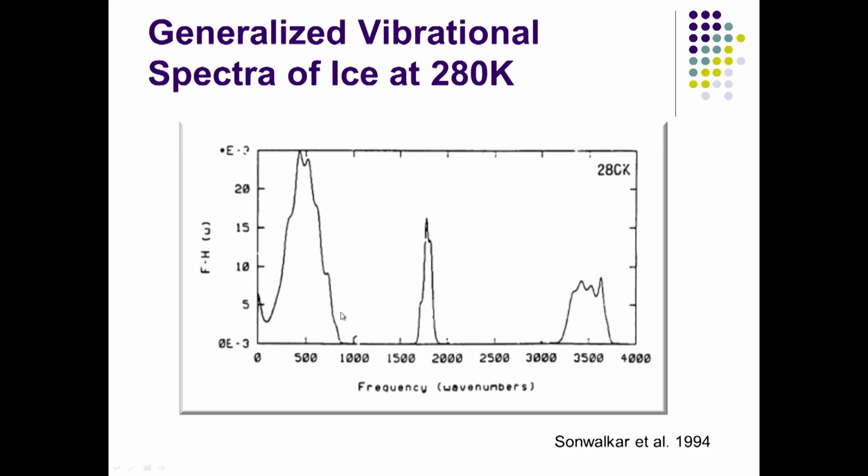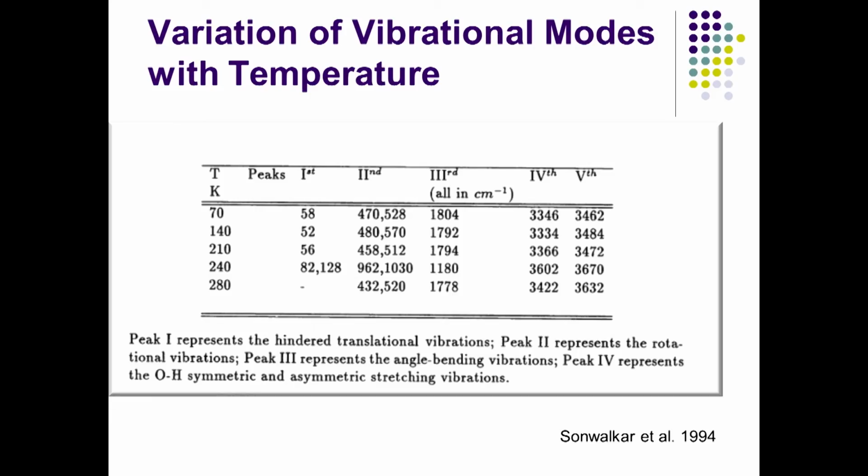You now go further up, and here we are cutting very close to melting. You can see immediately that the lattice vibrations are gone, there is a separation of torsional and bending, and there is a very well defined stretching vibration. Looking at these peaks and their locations, this is the table we created for all these different temperatures and peak positions.